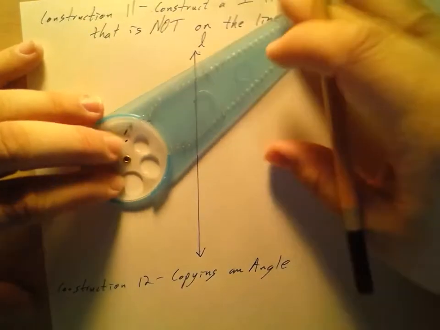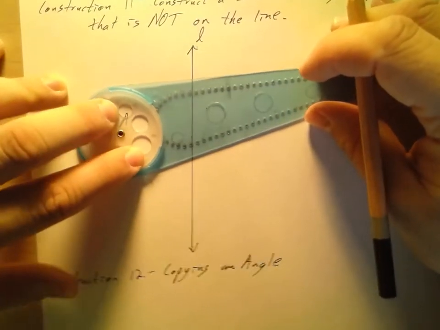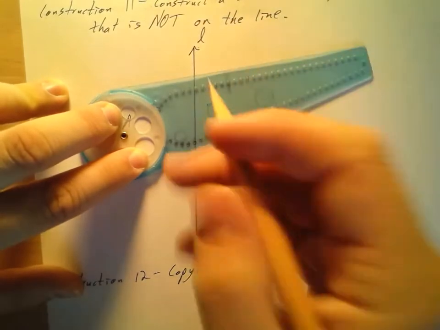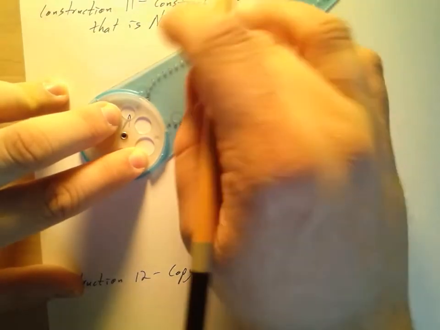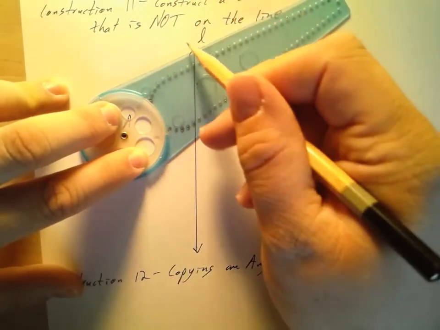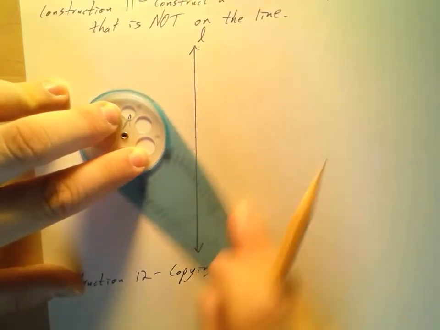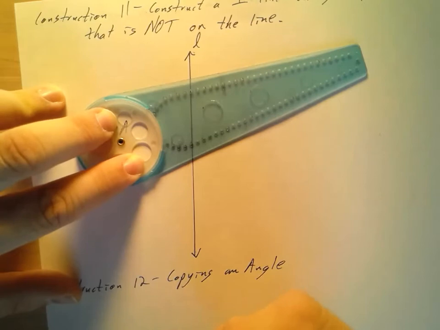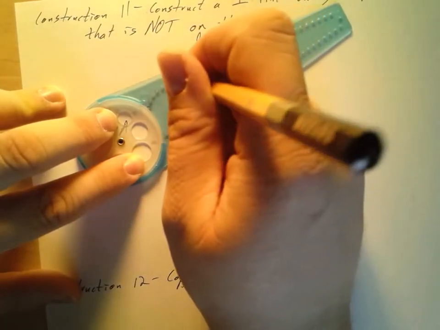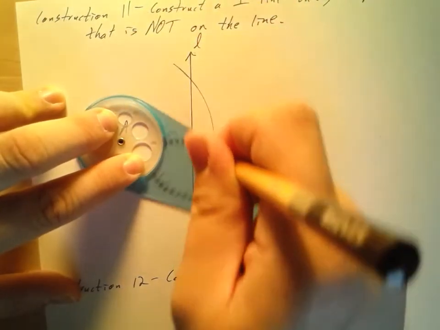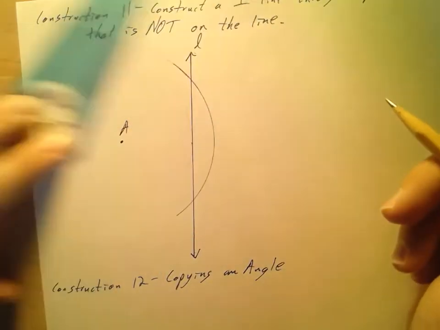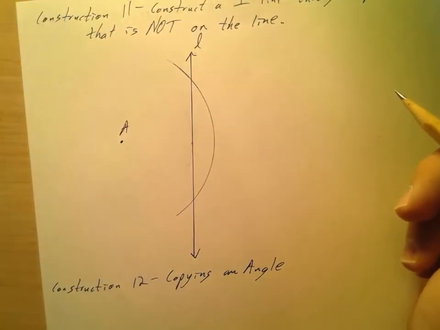So what I'm going to do is find a point that's going to give me two clearly different endpoints. To do that, I'm going to come out here to the left arrow, or I might go to the right arrow, but whichever arrow appears to be closer to A, I'm going to come to that arrow, and I'm just going to pick a point that's somewhere out there. And I'm going to take it around until it intersects the line twice.